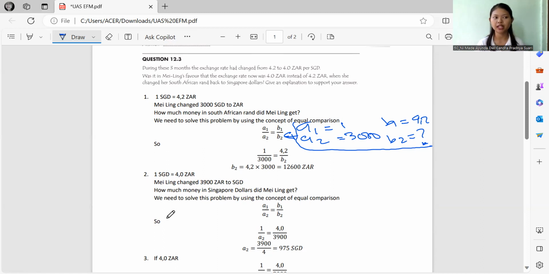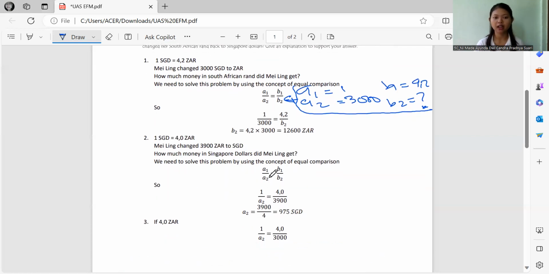Okay, I will explain this question with the same concept as question number one, the concept of equal comparison. The formula of equal comparison is A1 divided by A2 equal to B1 divided by B2.